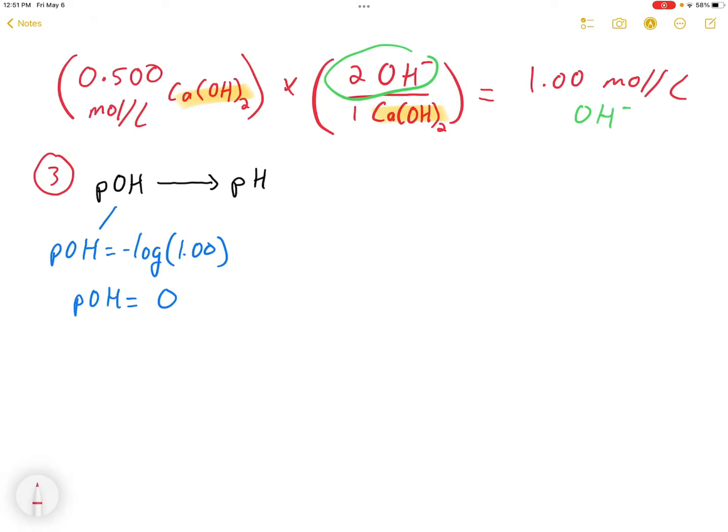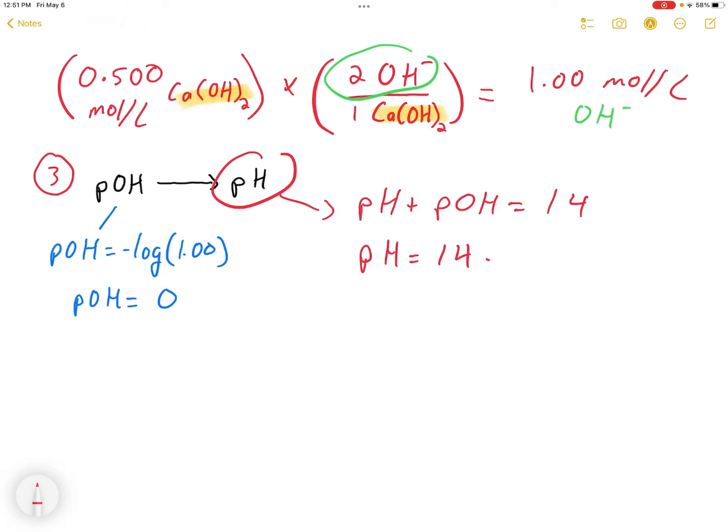And then once we have a pOH of 0, we're then going to use the combined formula of pH plus pOH equals 14 in order to isolate for the pH, which would then give us pH being equal to 14 minus 0 from over here. And we see that this solution finally has a pH of 14, and it being basic definitely makes a lot of sense.